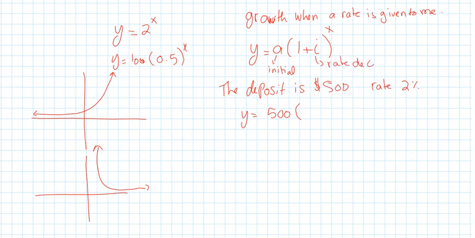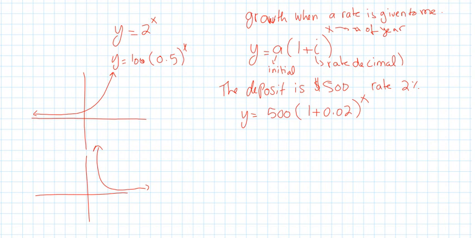What percentage am I going up by? 2%, which is 0.02, right? So I write 1 plus 0.02 to the power of x, where x is the number of years, or it could be the time, or the number of days, depending on the unit of x.